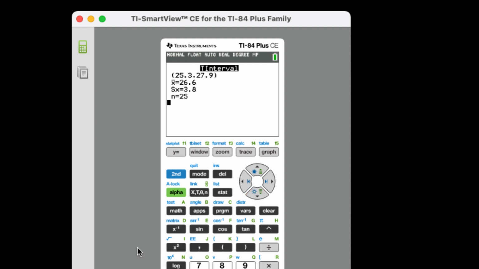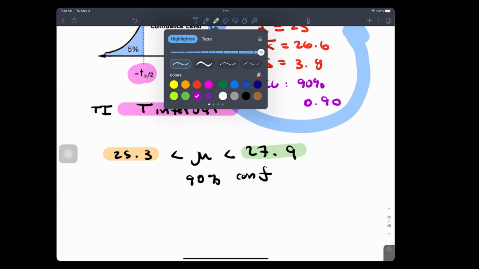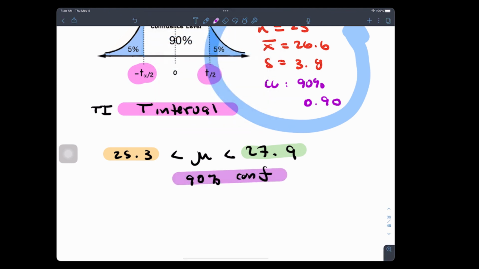Hit calculate, and what do you guys get? 25.3, less than mu, less than 27.9. You can say this with 90% what? Confidence, okay? So let's look at this on the iPad. 25.3 at the lower value, 27.9 at the upper value, and then 90% confidence level.